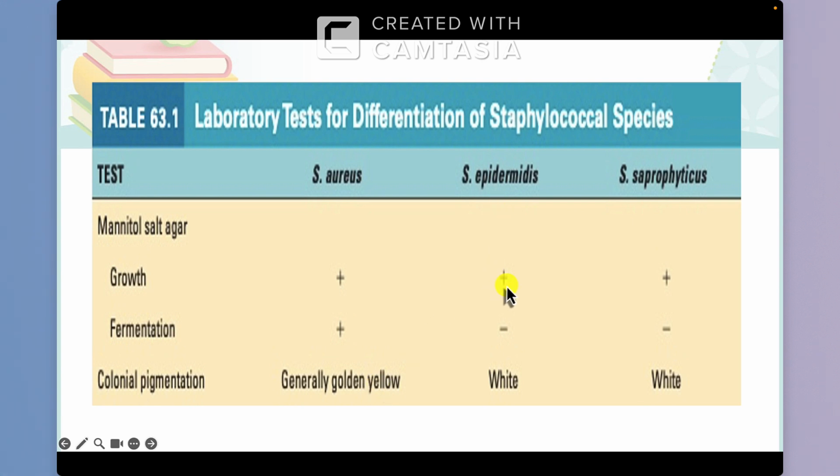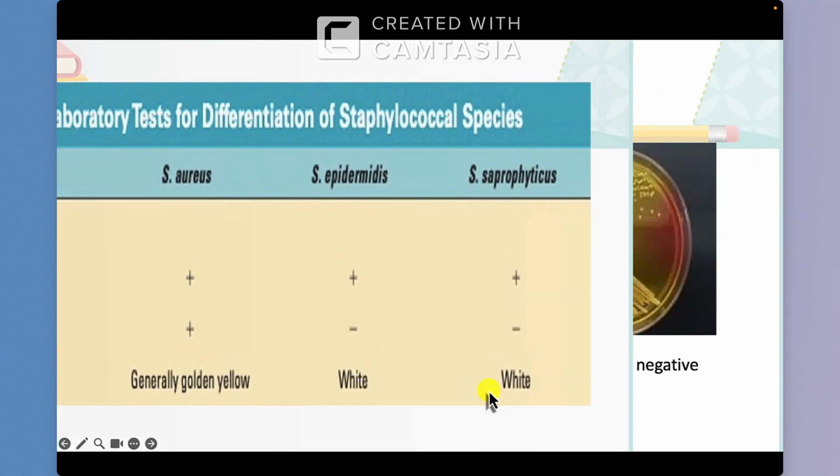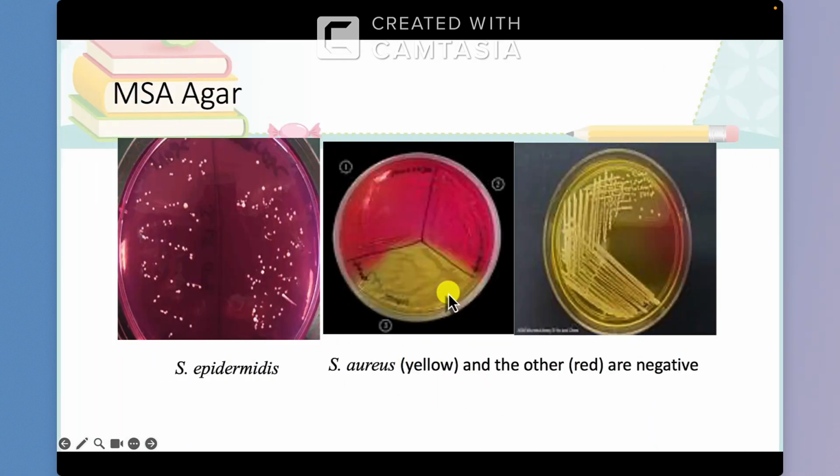Epidermidis can grow but cannot do fermentation. As well, saprophyticus can grow but cannot do fermentation, so those will remain white colonies. Look, this is positive Staph aureus, and those are the other species of Staph, like epidermidis and Staph saprophyticus.